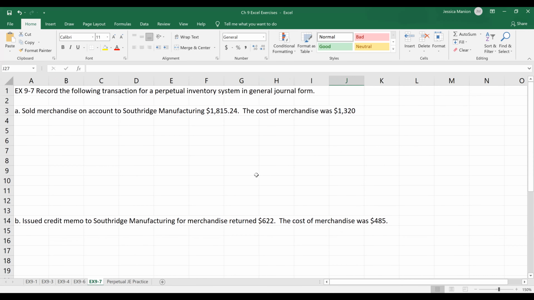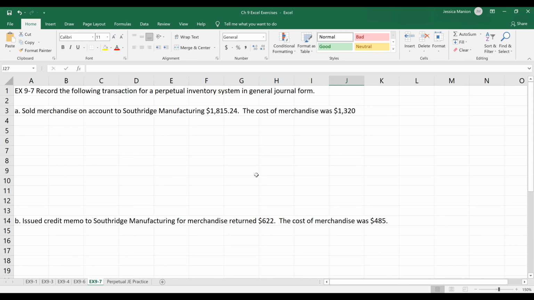So 9-7, it says record the following transaction for a perpetual inventory system in general journal form. And so letter A, sold merchandise on account to Southridge Manufacturing, $1,815.24.